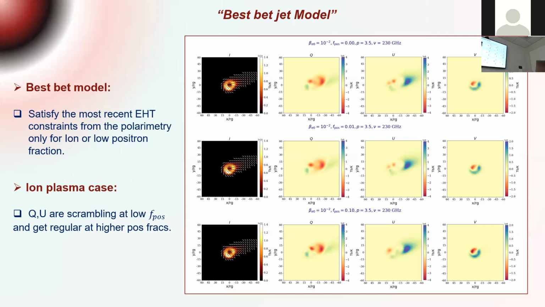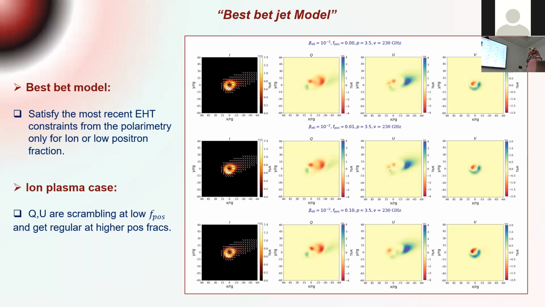And because we have tight constraints on the linear polarization, they will be completely ruled out. The same goes for Faraday conversion, or circular polarization. So for lower values of the positron fraction, the Faraday rotation is still very important, such that it diminishes the linear polarization, and thus you have a better chance of not being ruled out.